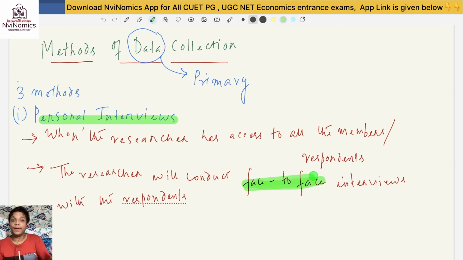Data can be collected either orally, verbally, or non-verbally. That depends on the researcher, whichever method he or she finds feasible at that moment. So these two points you need to remember.